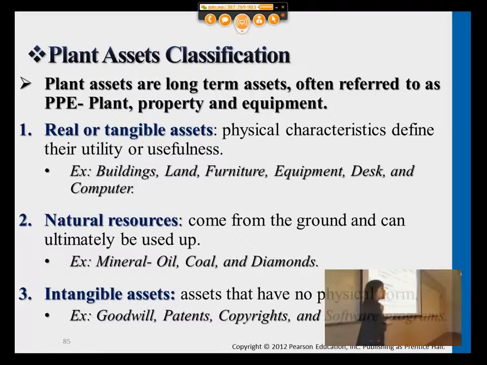The land is the only account that you have to keep in mind. We do not depreciate it, no matter how the problem tells you the original purchase price, or we estimate how long it can be used in the business. We do not divide it by years, spread it along the years. Okay, because the value of land may constantly be changing, so we don't estimate how long we have been using it.